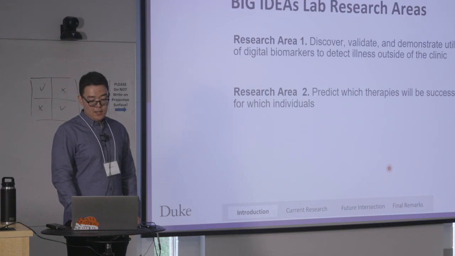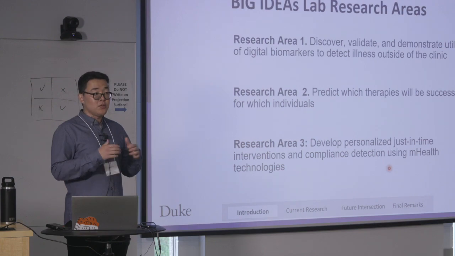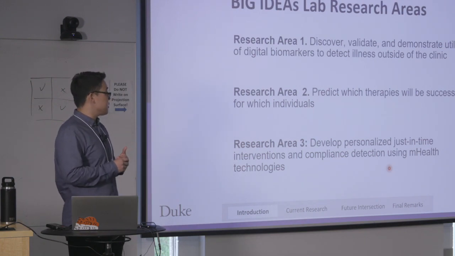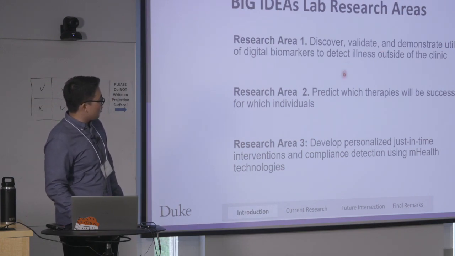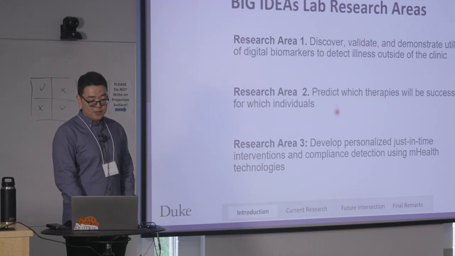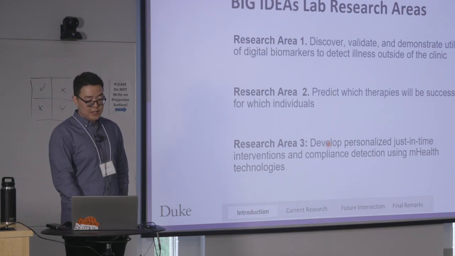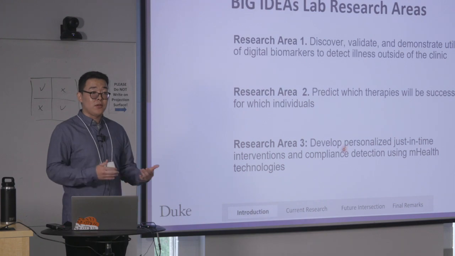Lastly, we want to develop a personalized just-in-time intervention using mobile health technologies. For our lab, we've primarily focused on research areas 1 and 2. In terms of network analysis and interactions between populations, I think this is an area that we can further explore.